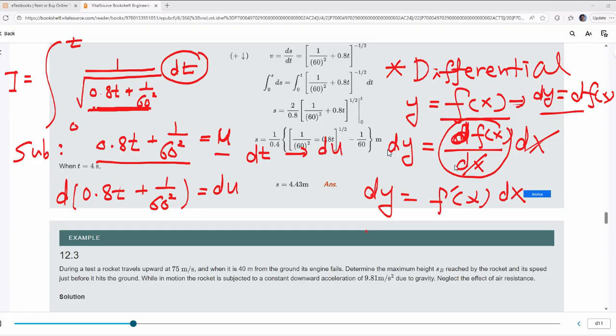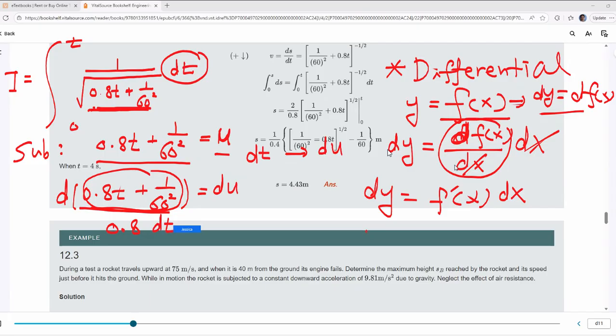Now we have the function, so we take the derivative with respect to t of this, and dt. The derivative of 0.8t with respect to t is 0.8. The derivative of 1 over 60 squared with respect to t is 0. So 0.8 dt.